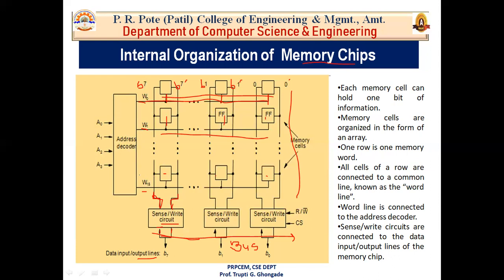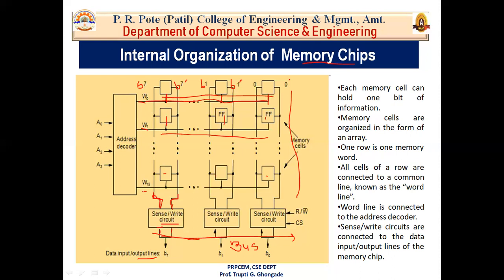So this figure is an example of a memory chip. It consists of 16 words, and each word is of length 8 bits. There are 16 word lines, W0 to W15, which means this memory chip consists of 16 words.